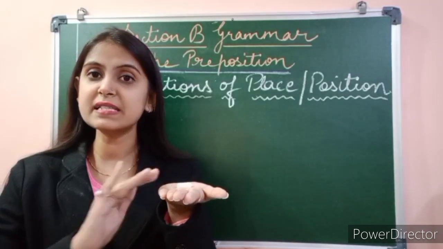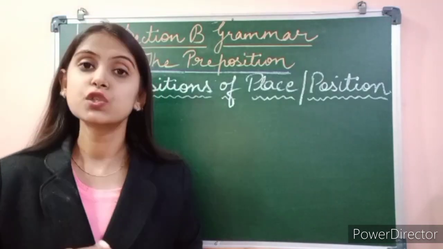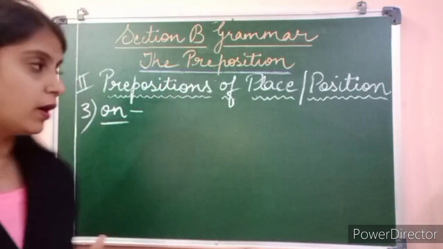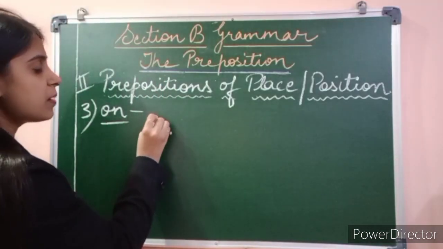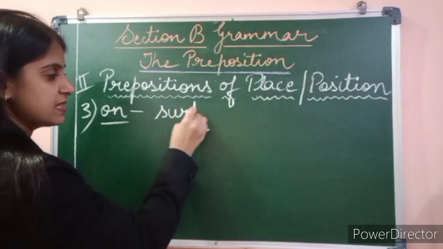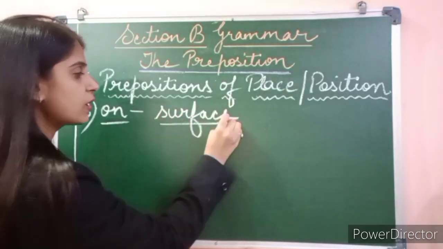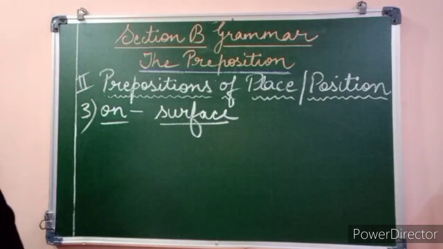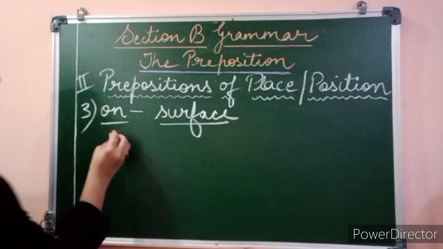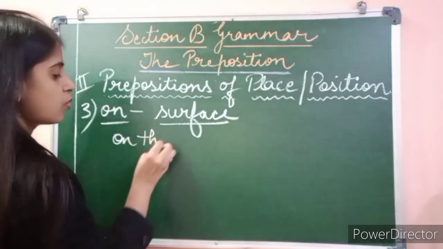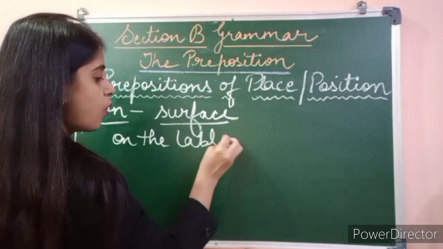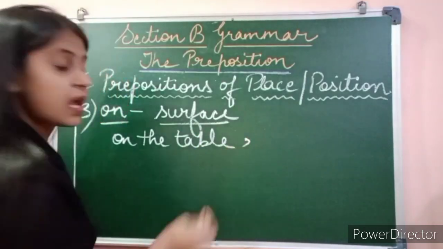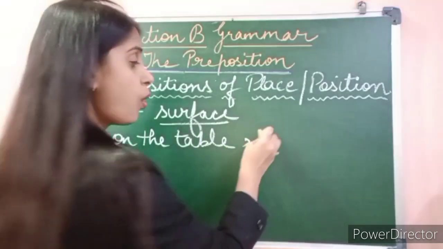Since the chalk is touching the surface of my hand, so I'll use the preposition on, right? When we talk about surface, okay, then we use on. For example, on the table, I am standing on the floor.